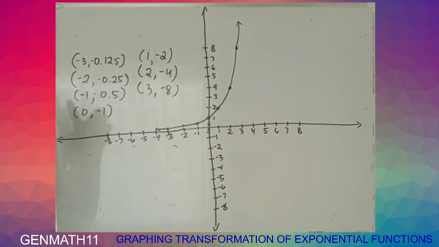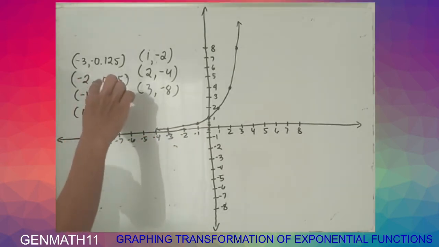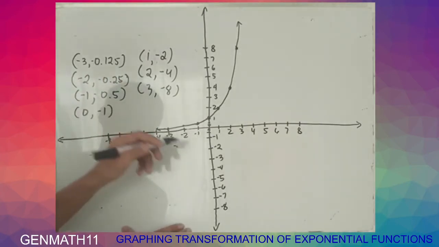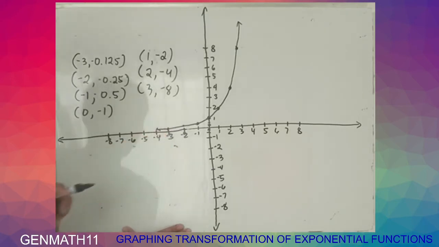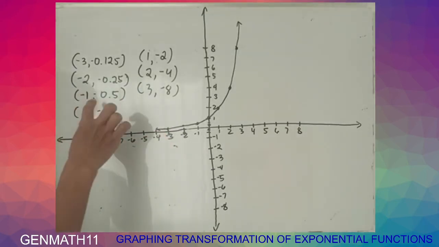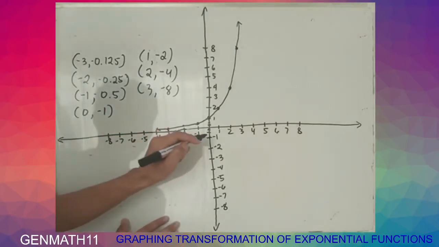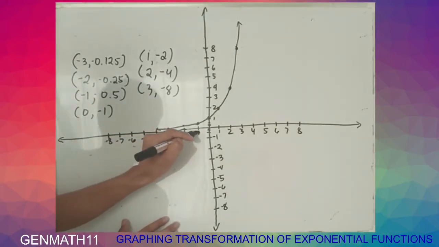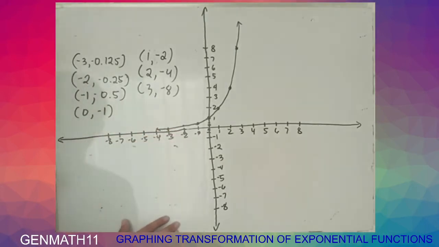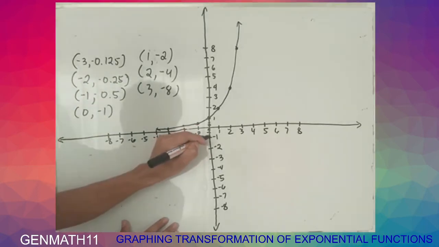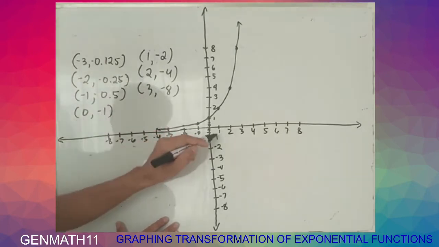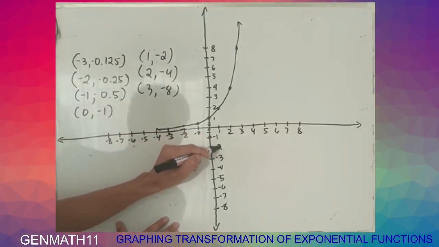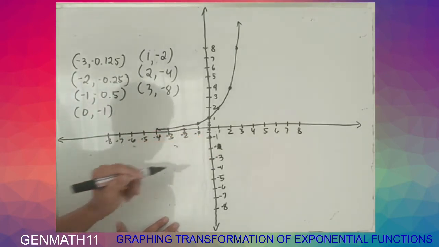Next, negative 2, negative 0.25. Yan. Next, negative 1, negative 0.5. Ito yun. Then, 0, negative 1. Ito yun. 1, negative 2. Yan.